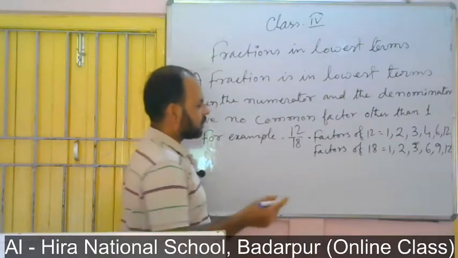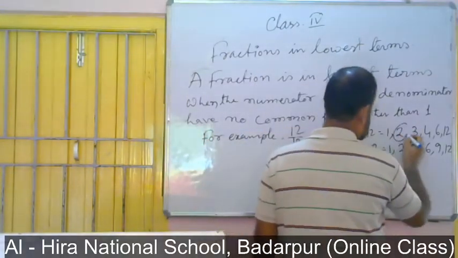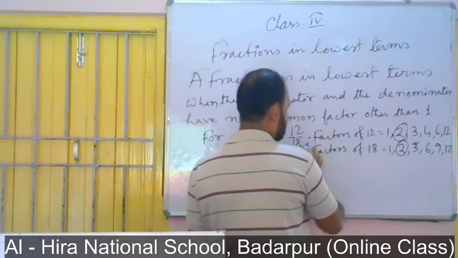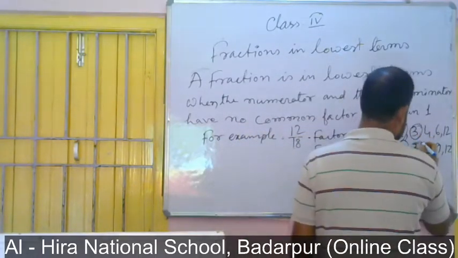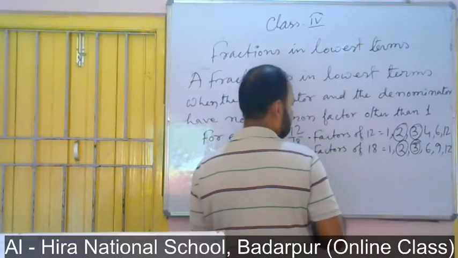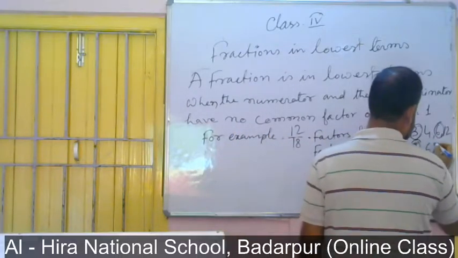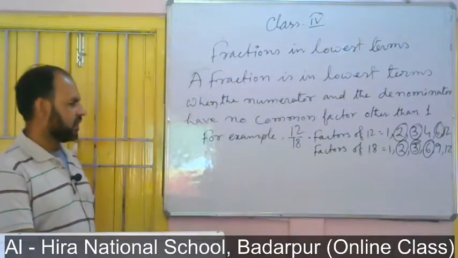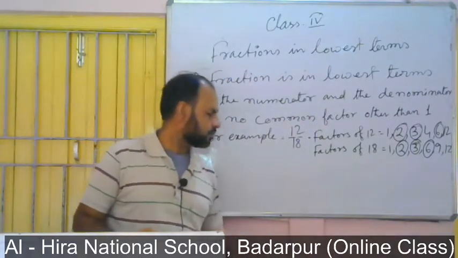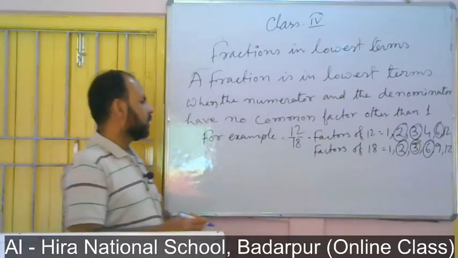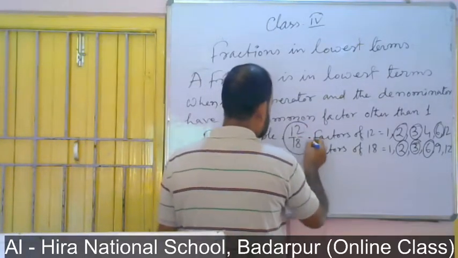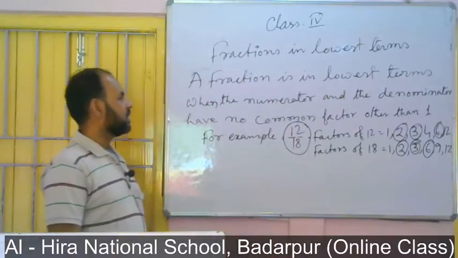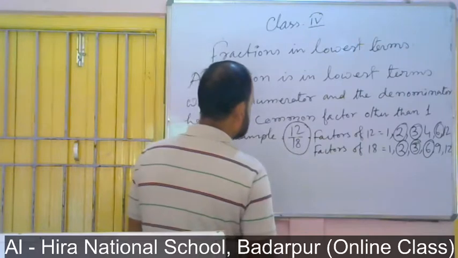Now we take out the common factors. 2 is a common factor of 12 and 18. 3 is a common factor of 12 and 18. 6 is also a common factor of 12 and 18. So we can say this fraction is not in lowest terms.